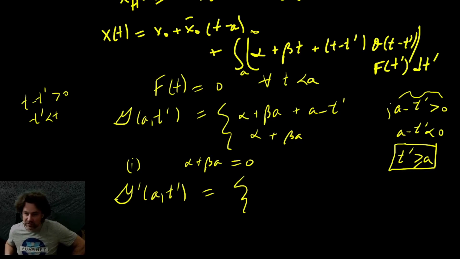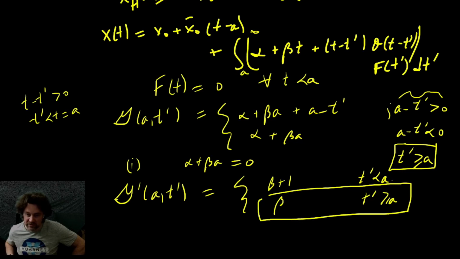But when we have t prime less than t and t equals a, t prime less than a is not of interest. So our derivative is beta plus 1 from below, and beta for t prime greater than or equal to a. Here we have t prime less than a. So this is the constraint that we want to match.